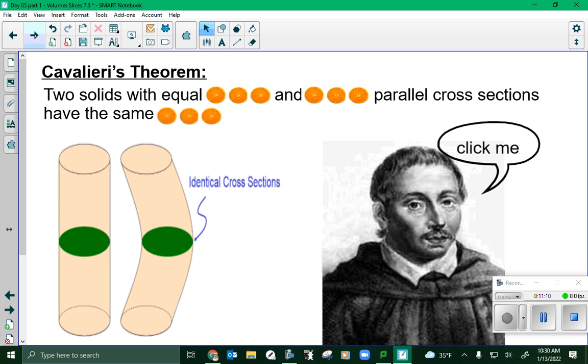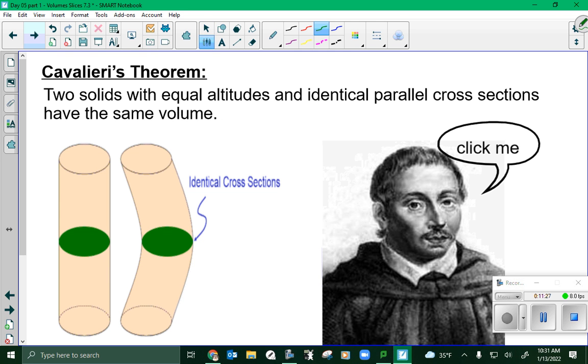So, two solids with equal altitudes and identical parallel cross sections have the same, wait for it, volume. If I have this cylinder on the left, that would have the same volume as the one on the right. How come?